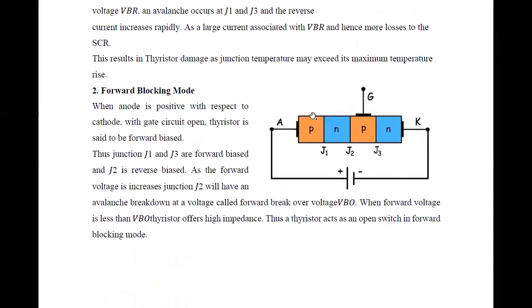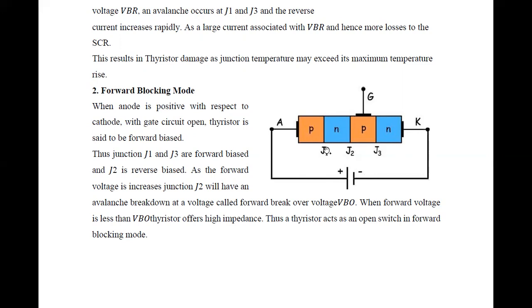Next, forward blocking mode. In this forward blocking mode, SCR is connected in forward bias, which means that anode is positive with respect to cathode. Anode terminal is connected to the positive of the supply, cathode is connected to the negative of the supply, and the gate terminal is kept open.